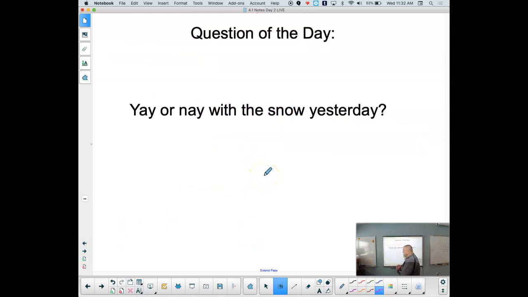Question of the day today in the chat: yay or nay with the snow? Yay if you were excited because it was fresh snowfall and October snowfall. Nay if it's just too early for it to be this darn cold. Okay?